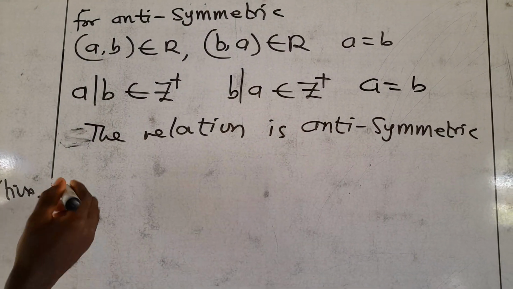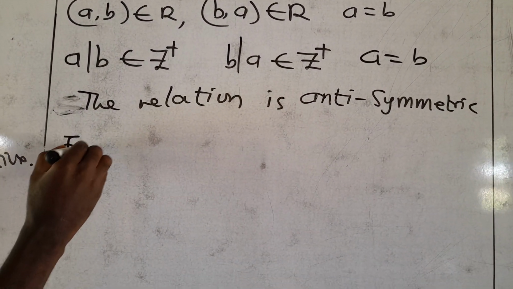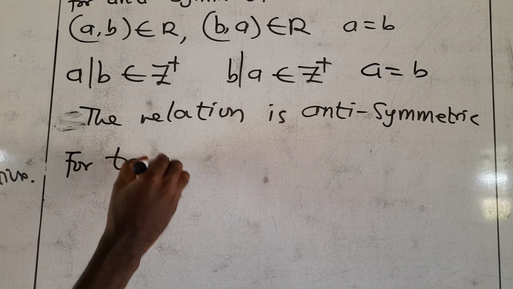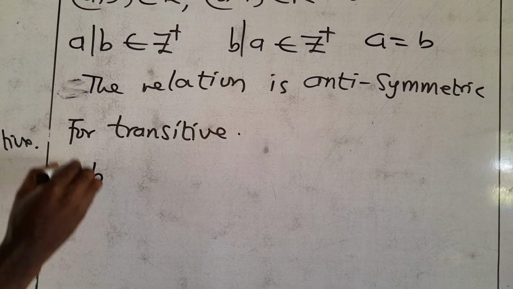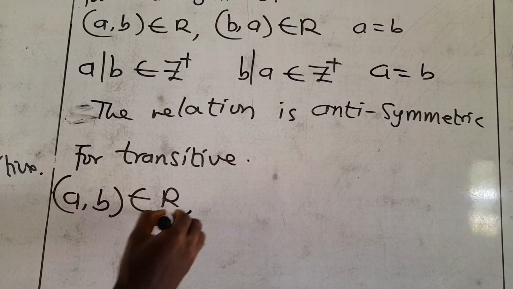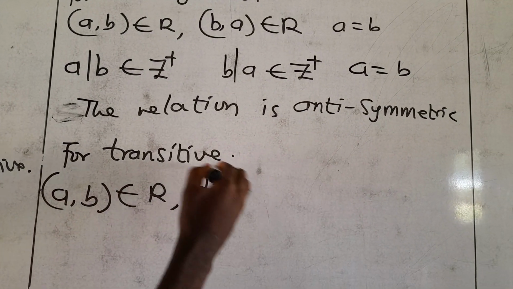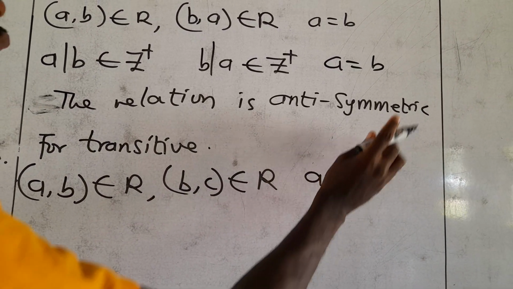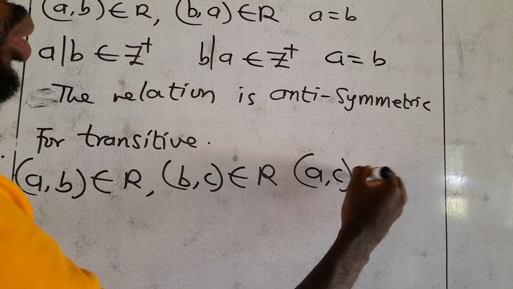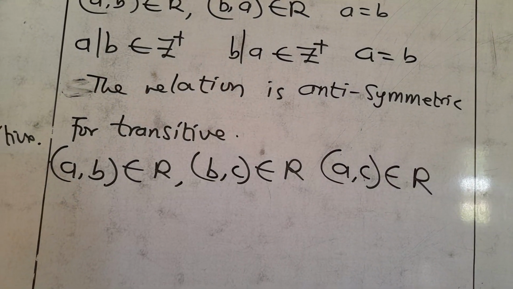The next one is transitive. So for transitive, we said that if (A, B) is a member of the relation, and (B, C) is also a member of the relation, then (A, C) must also be a member of the relation. So what does that mean?